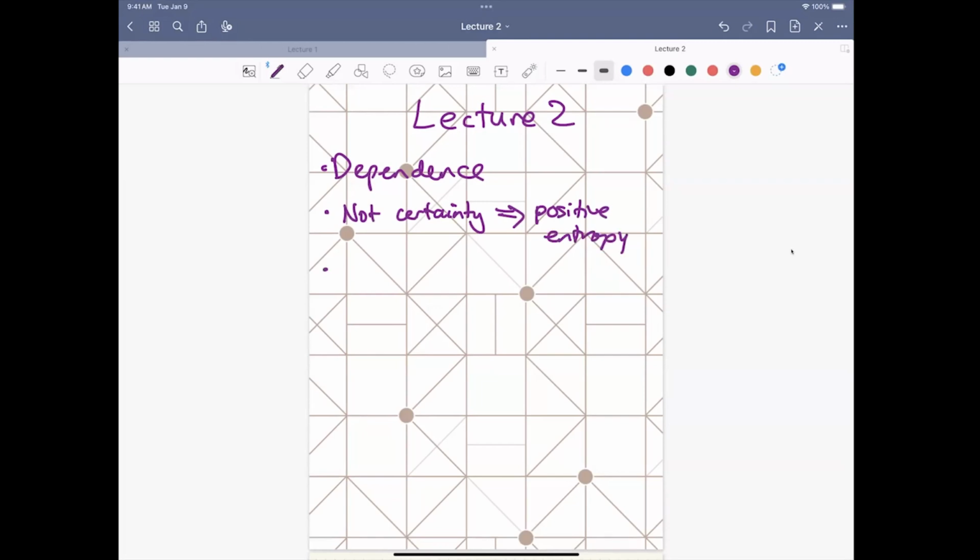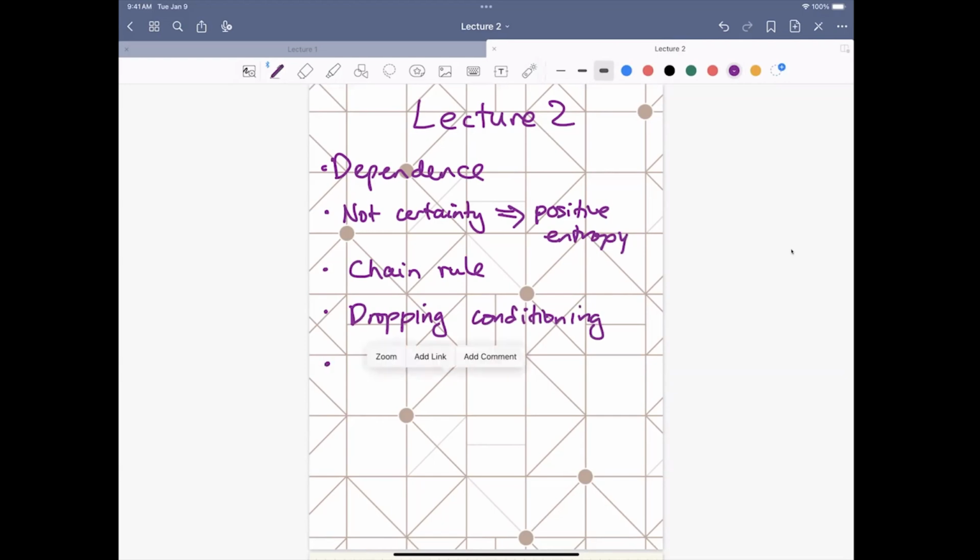And then we proved the chain rule, and that dropping conditioning can only increase the entropy.